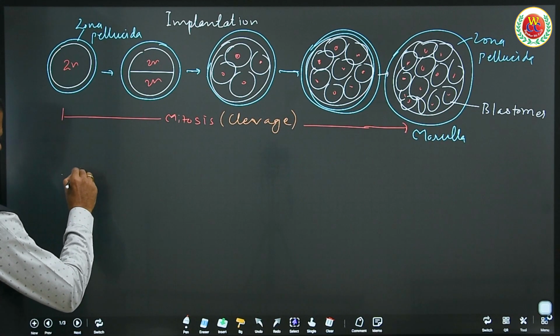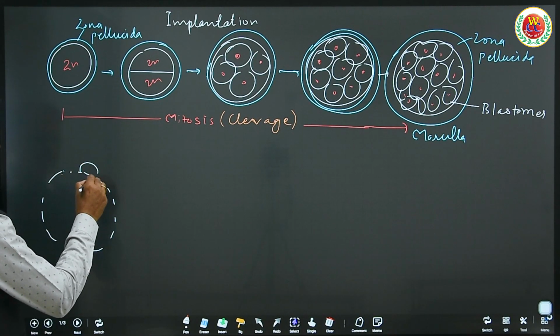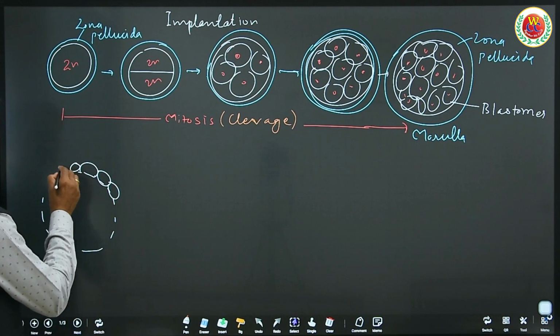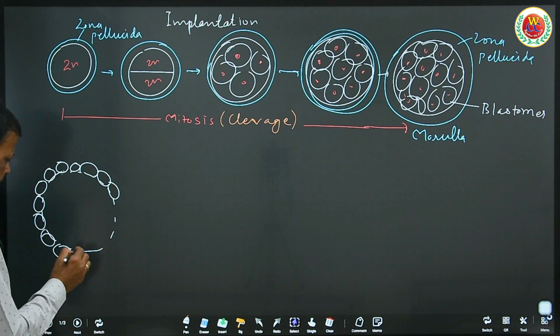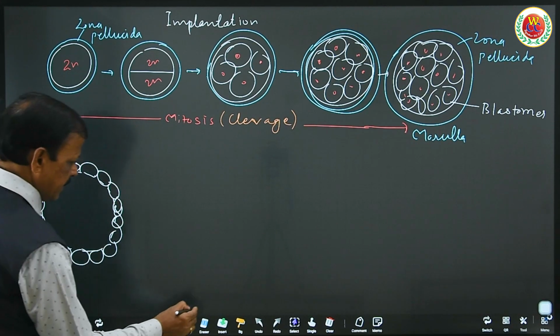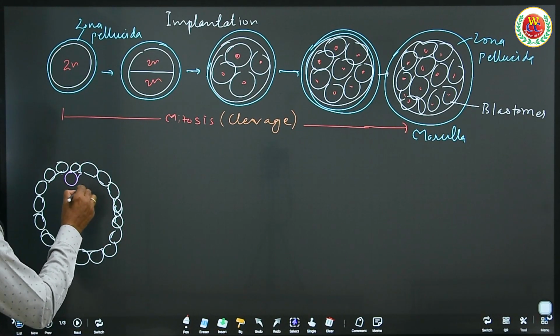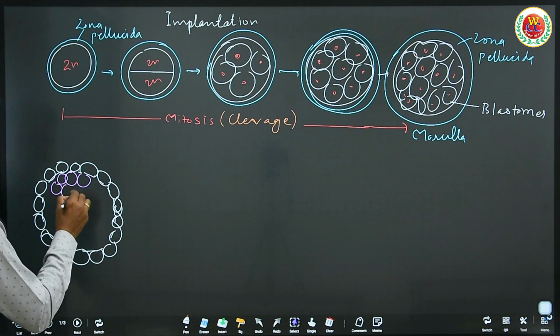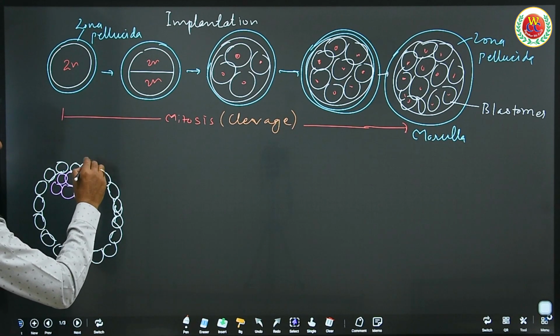So these cells, arranged in the outer zone forming a layer, are called the trophoblast, and the inner cell mass, also called formative cells. So it can be labeled as inner cell mass.